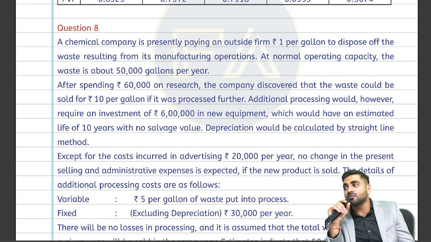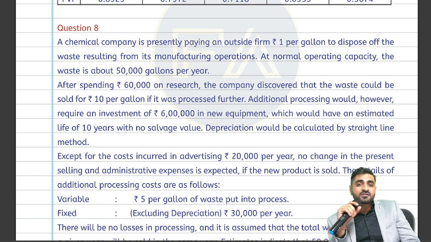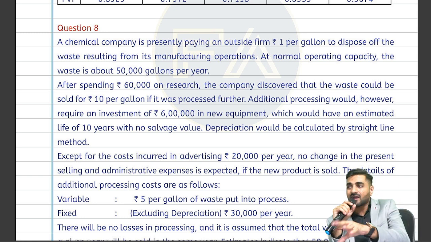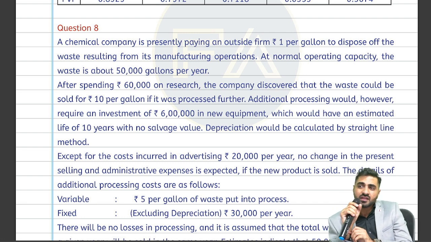Now suppose I want to buy a car. I have 2 types of cars in my mind, whether I should buy car A or car B. What types of cost did I tell you? Historical cost, allocation or apportionment of cost, and irrelevant cost.